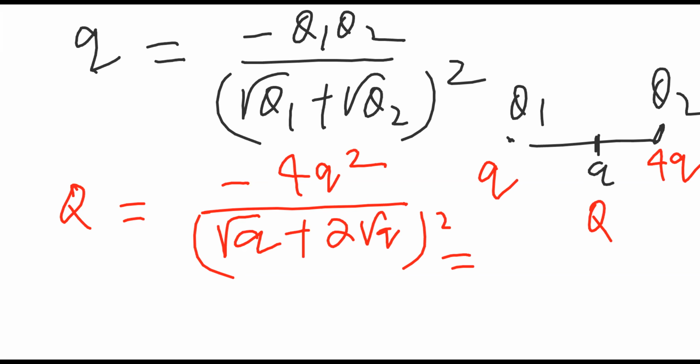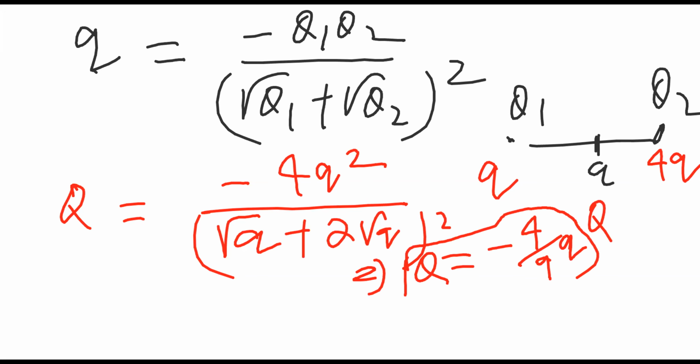Now 9. So 9Q square. That means the answer is minus 4 by 9, that is minus 4 by 9 into Q. So this is the answer: minus 4 by 9 into Q. Are you understanding? Yes or no?